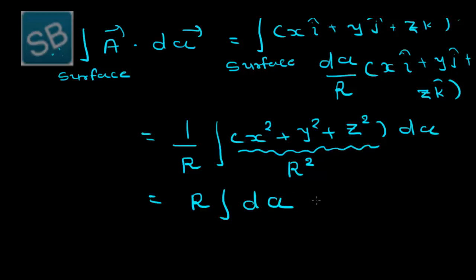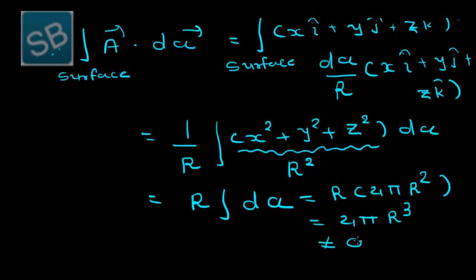Now what is the area of a sphere? We have to take its integration, and that is equal to r into 4 pi r square, so that is equal to 4 pi r cube. Now see, the sphere we are taking is not possible with zero radius, and hence this full quantity will not be zero.